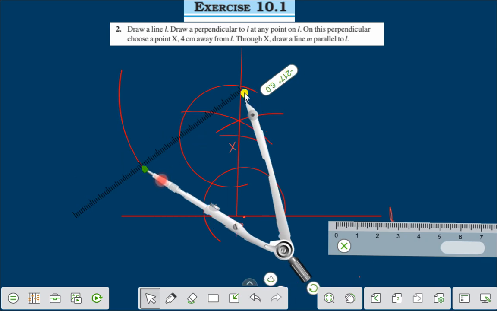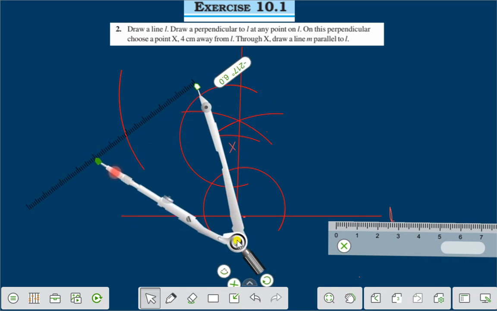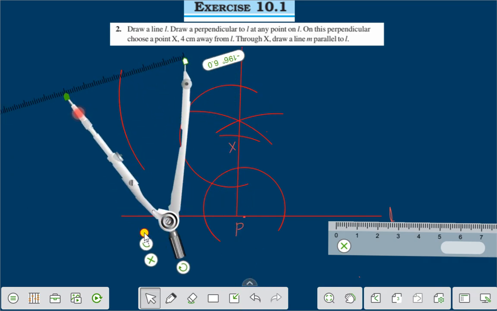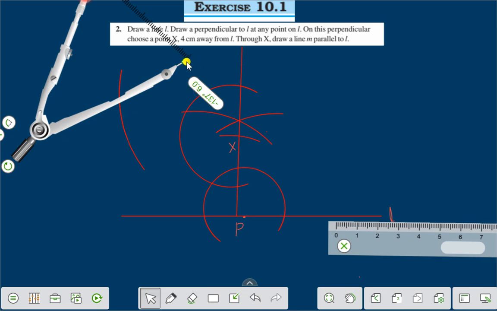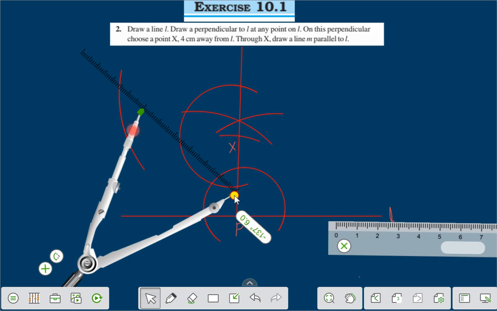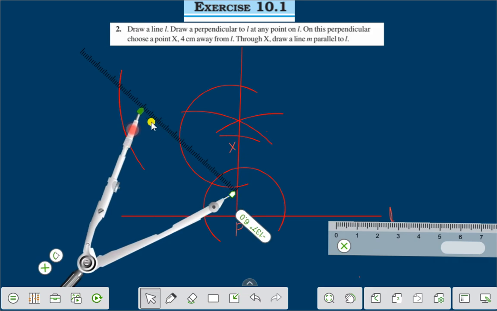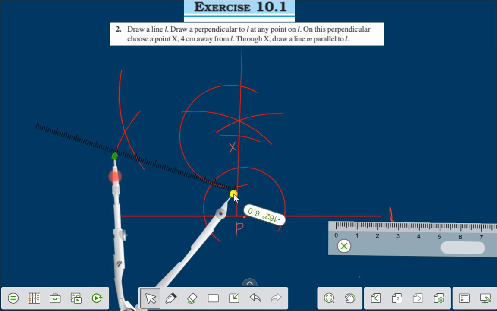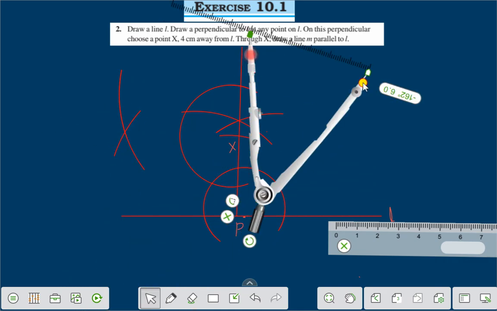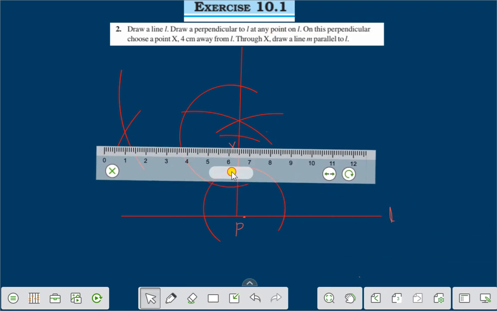Taking this pointer at this point, take another arc. Taking this pointer at this point, take an arc here, right? Now draw a line here also.